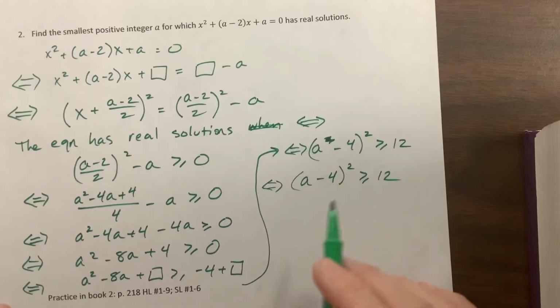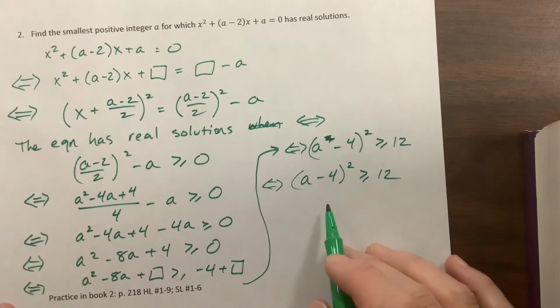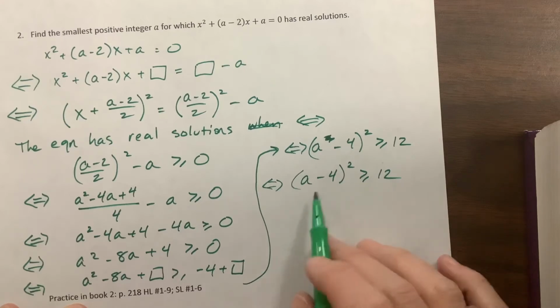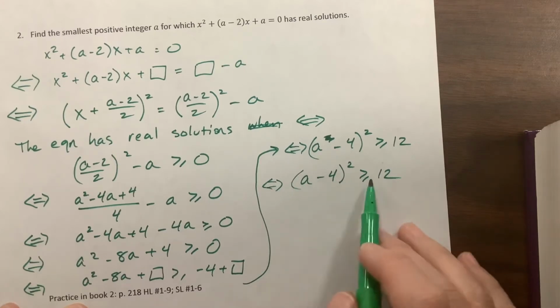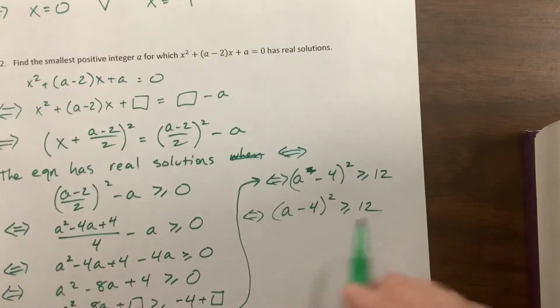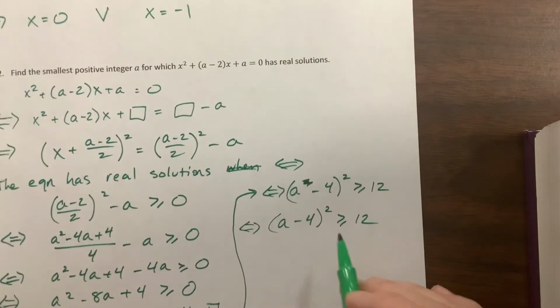And what we think about here is, when we go to take the square root of this, we need this value here squared to be bigger than 12. So that means we need values. Just a little side note here.